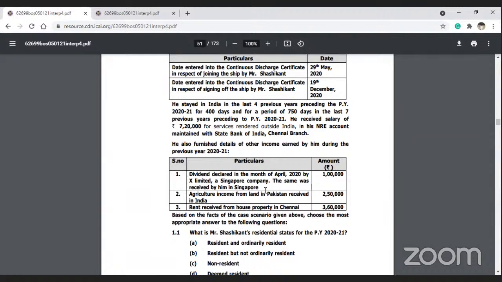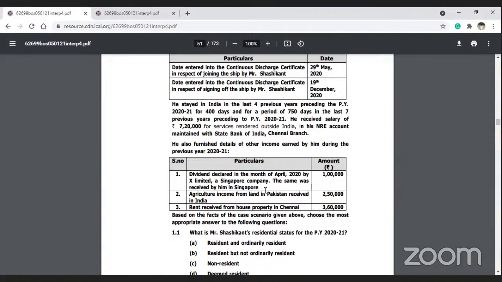Just hold on. Let me check my PDF that I had opened up. एक बार नीचे स्क्रॉल करना क्वेश्चन के पास. They have given in the corrigendum: dividend declared and received in the month of April 2020 from X Limited, an Indian company, may be read as dividend declared in the month of April 2020 by X Limited, a Singapore company.